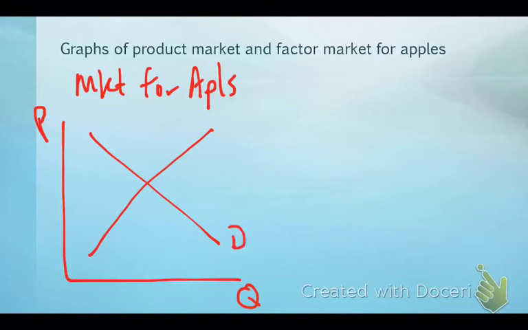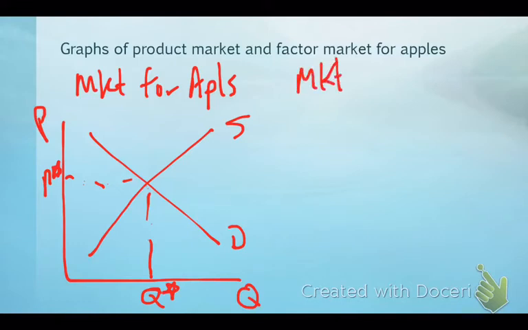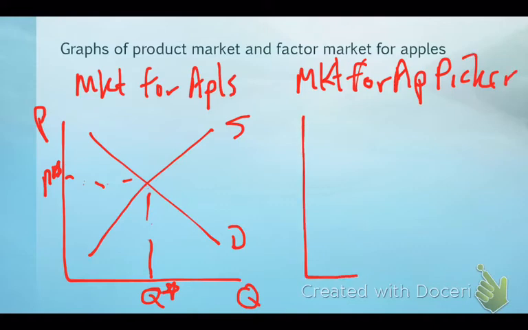Demand curve, supply curve, that determines price and quantity, right? Here's our P star, here's our Q star. Then if there's a market for apples, there's going to be a market for apple pickers. So our market for apple pickers.